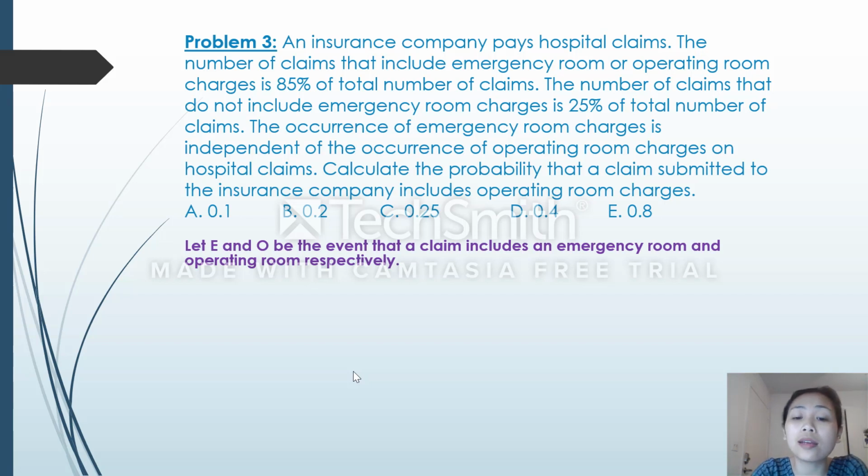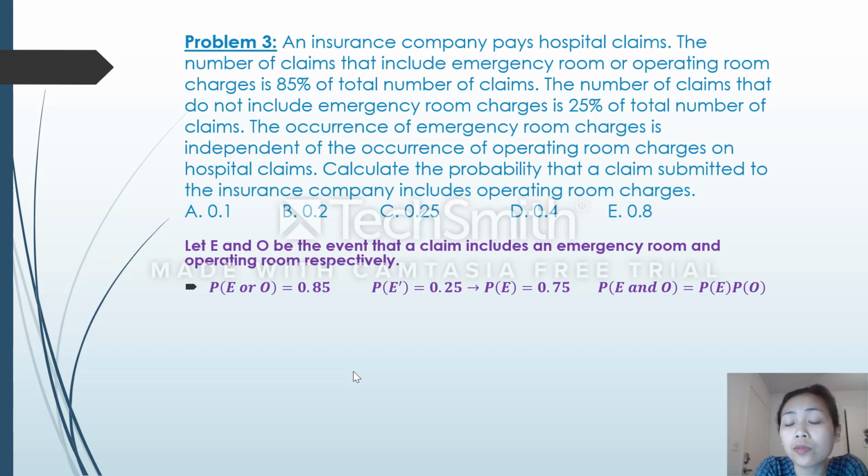That means E is the event that a claim includes an emergency room, and O is the event that a claim includes an operating room. So now one by one, the first information is the number of claims that include emergency room or operating room charges is 85%. So or, that means probability of E or O is 85%. So the first information is probability of E or O is 0.85.